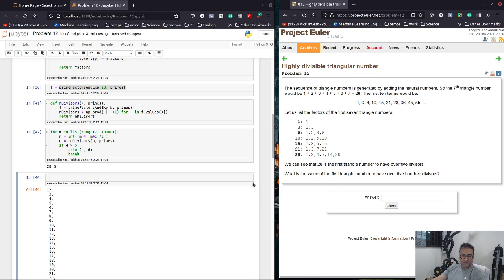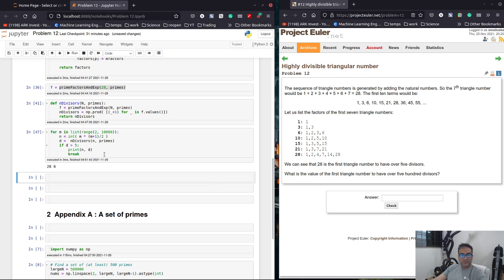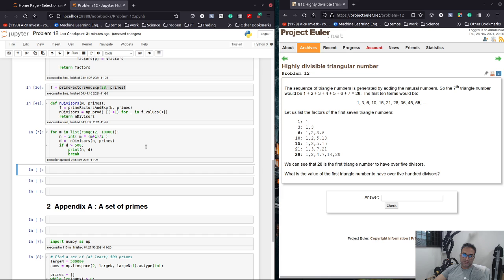And now we need to go to over 500 divisors. So it doesn't have 500 divisors. What do you know?